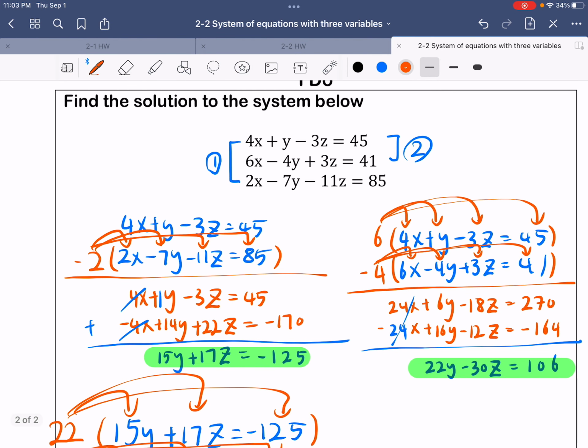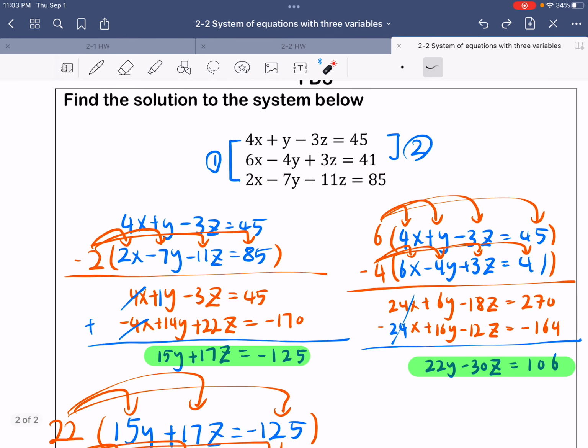So did I copy down the question correct? That's the first thing that I'm gonna check. So 45 I did, and then okay. So I copied these questions down, and then 6x minus 4 equals 41. Yes, I also did.